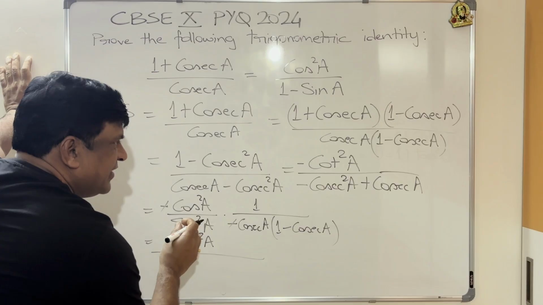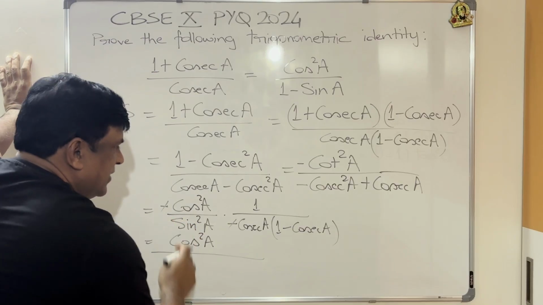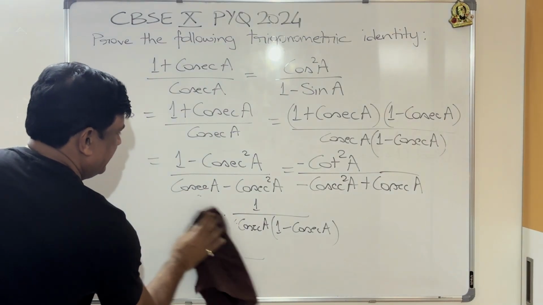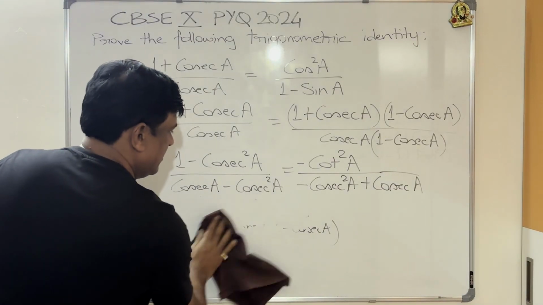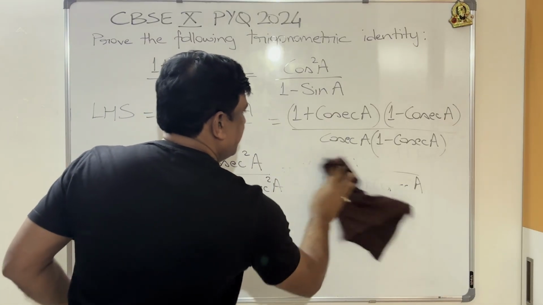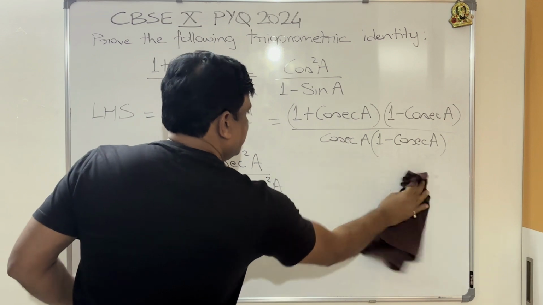Did I do some mistake? Yes, I think so. Let's go back. I did a small mistake. Let's not write this step. Let's leave it as is.